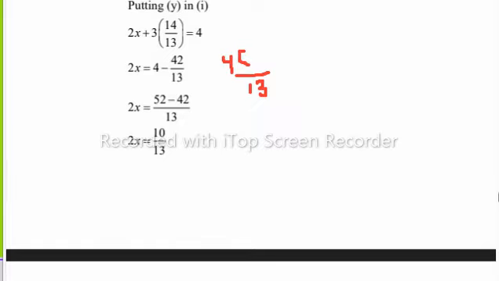In the bracket there is a denominator which is 1. 1 multiply 13, we get the LCM.